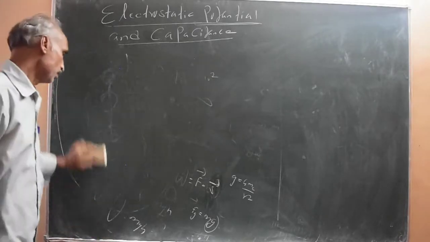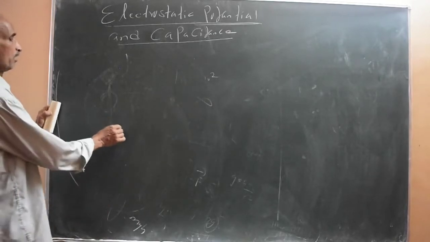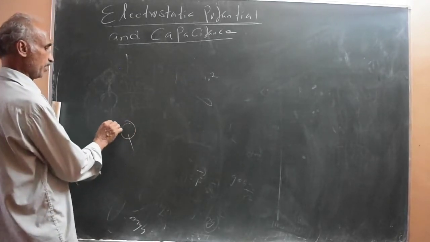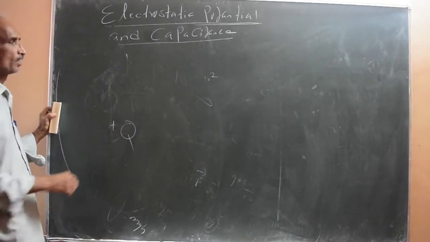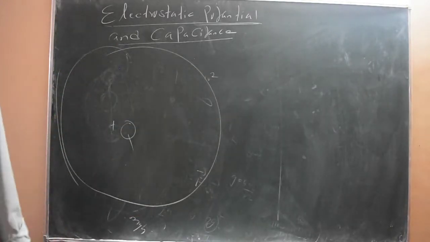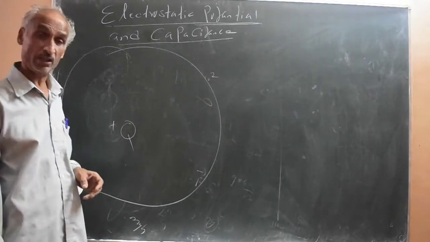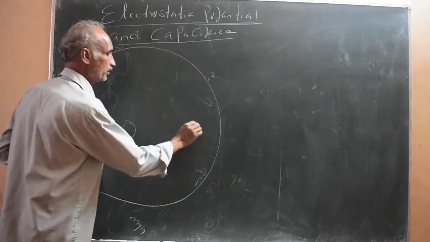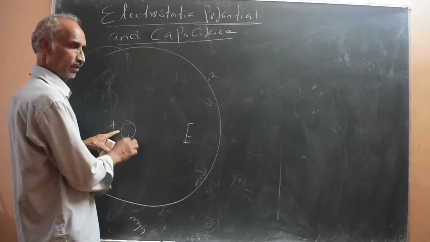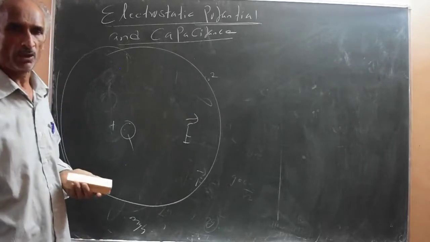Now coming to the electric potential energy. If a charge q is placed in space, around the charge there will be a field called, sorry, electrostatic field. By static, the charge is at rest. The source charge q is at rest. The electric field is denoted by E bar.